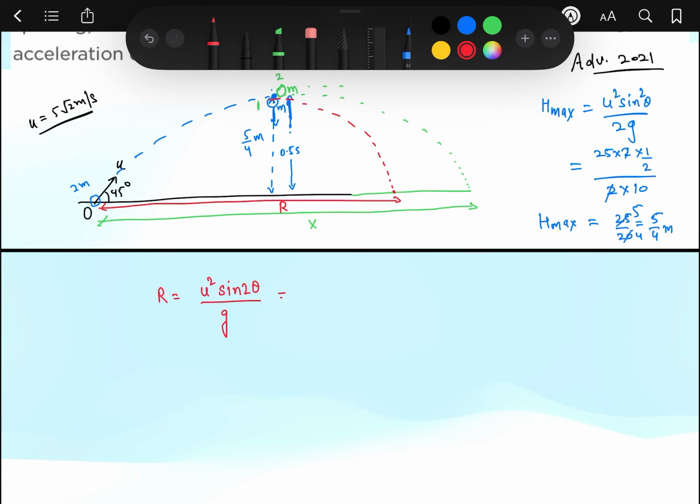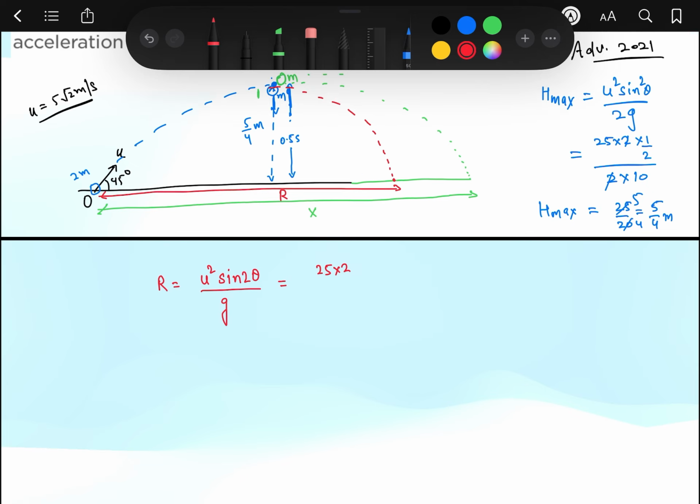What is the value of u? That is 5 root 2, that is 25 multiplied by 2 into sine 2 theta, that means sine 90, that is 1, divided by 10. So it will be 5. So range will be equal to 5 meters. Since the center of mass of these two particles m and m should always lie at this point, this distance is total 5 meter.